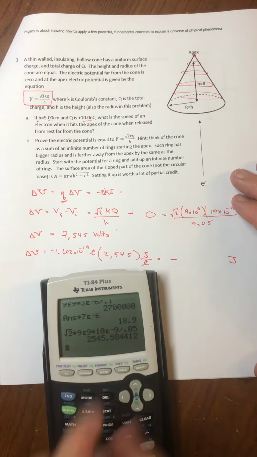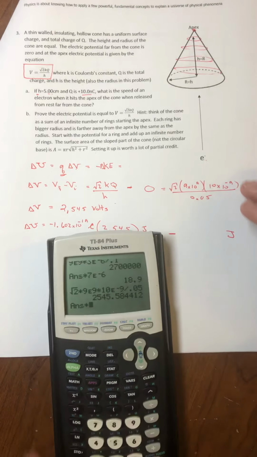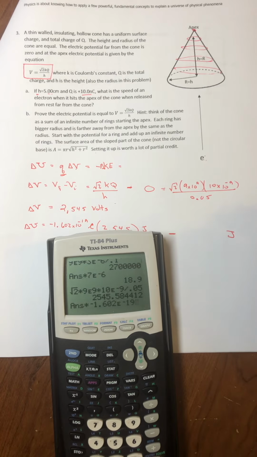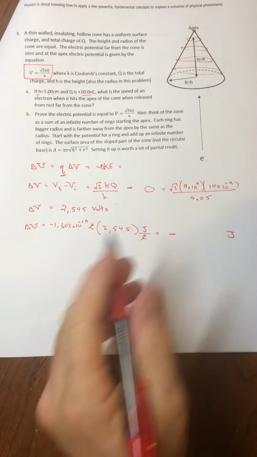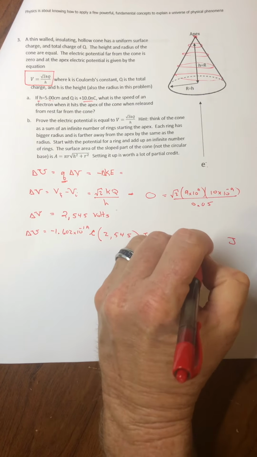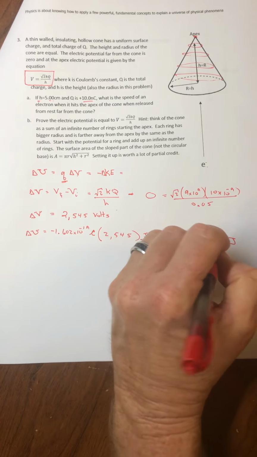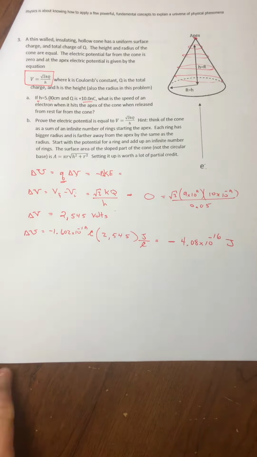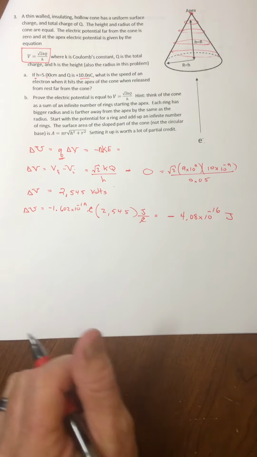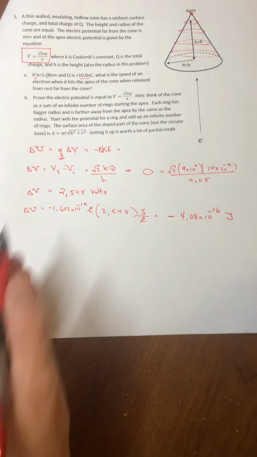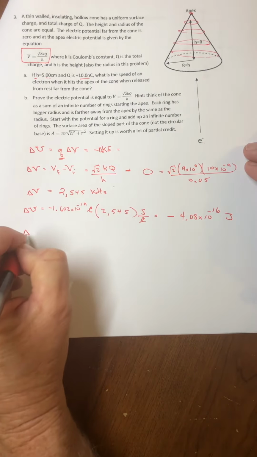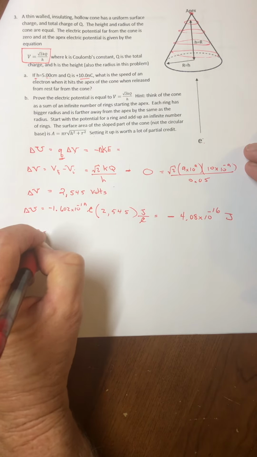All right, so taking that number and then multiplying it by the negative 1.602 times 10 to the negative 19 gives me a negative 4.08 times 10 to the negative 16 joules. Nice. All right, now, again, that has to equal the negative of the change in the kinetic energy.